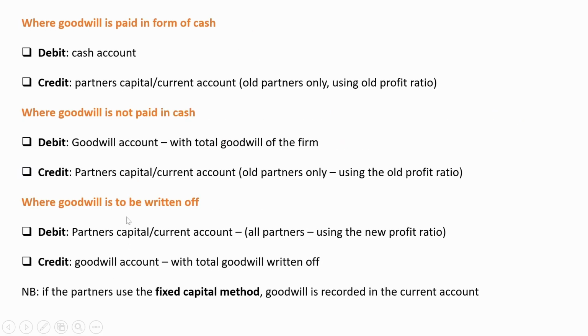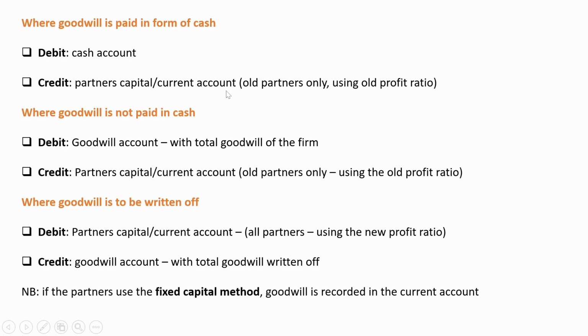Let us start with the first one, where goodwill is paid in form of cash. If the new partner is required to pay goodwill in cash, these are the entries we make. We debit cash account, then we credit partner's capital account or the current account.